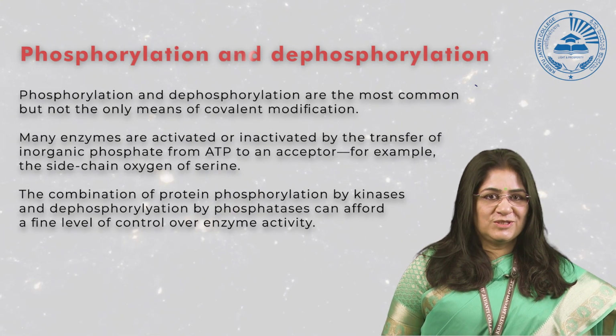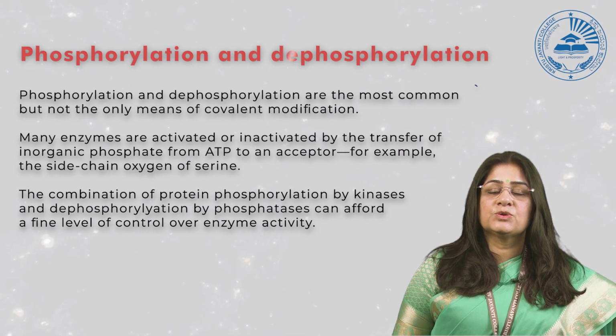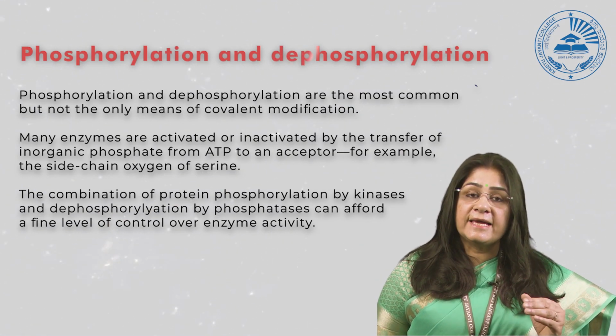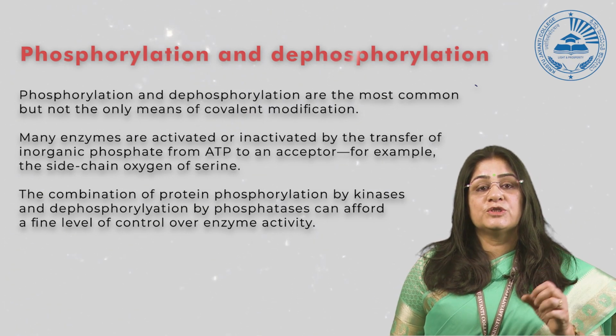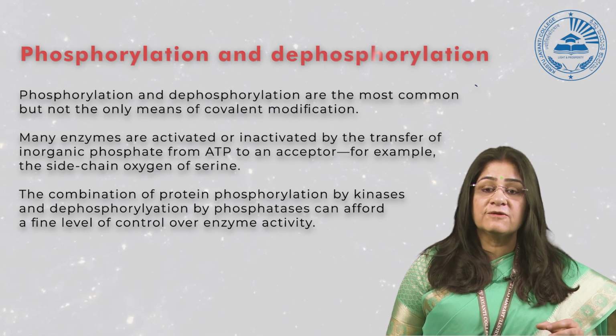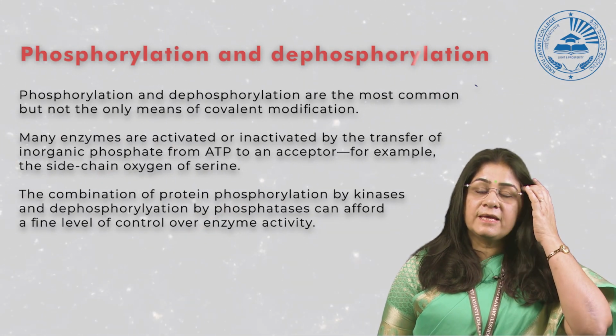Of course, your protein is your enzyme. And there is the combination of protein phosphorylation by kinases. This is something which you should remember. Kinases are enzymes which help in the transfer of a phosphorus group, or help in attaching a phosphorus group to the enzyme, and dephosphorylation is done by phosphatases.